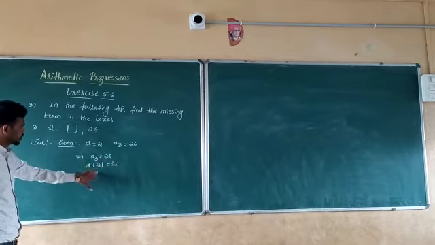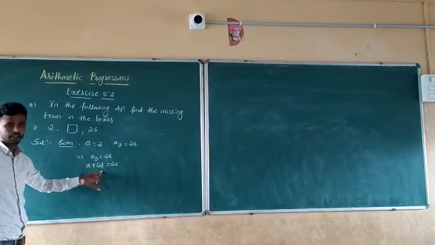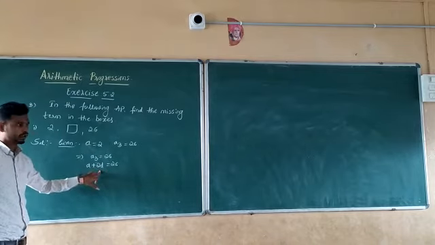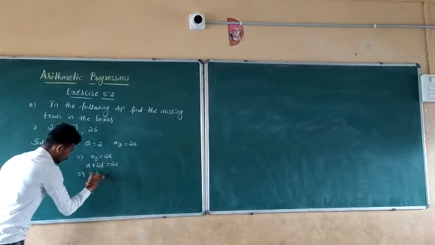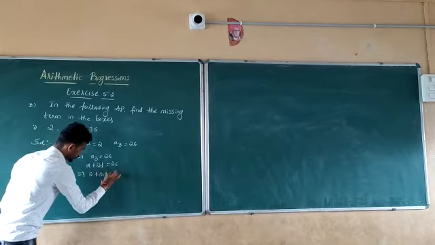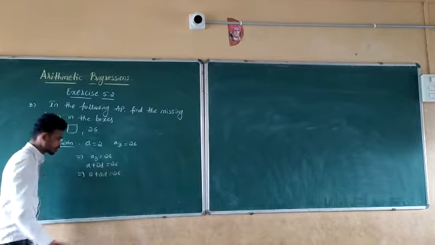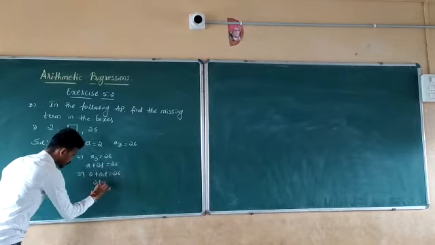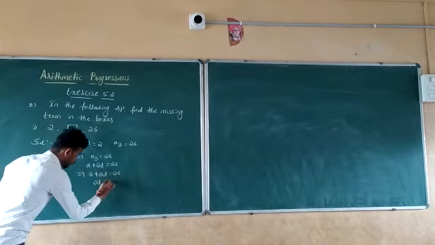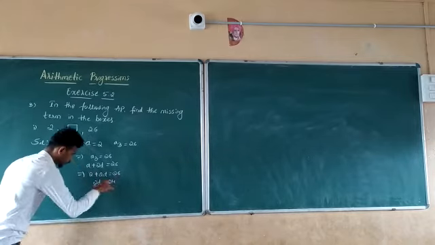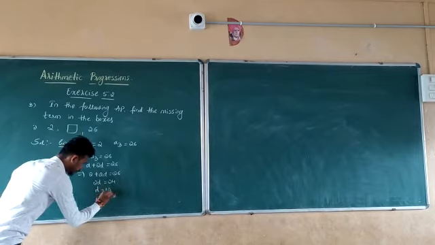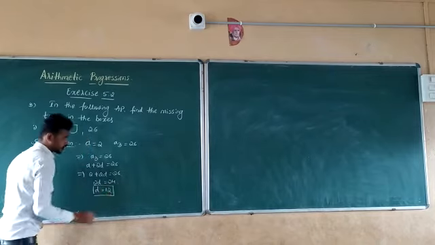Now substitute the a value and find the value of d. So 2 plus 2d equals 26. So 2d equals 26 minus 2, which gives 24. So d equals 24 by 2, which is 12.